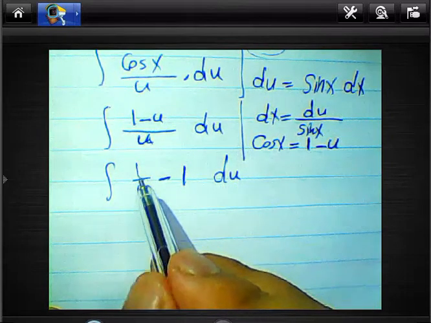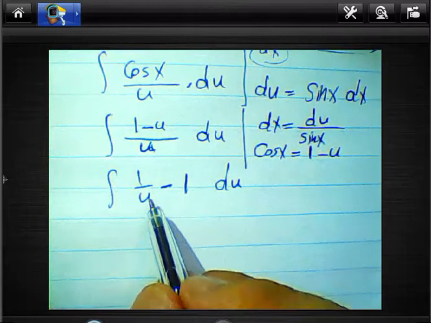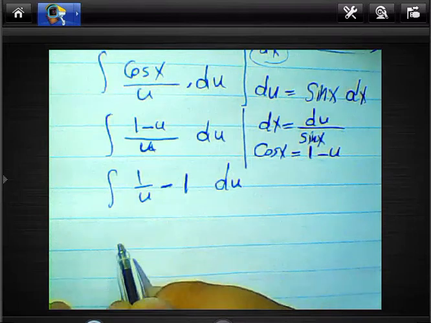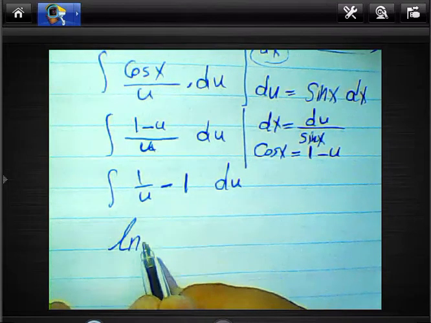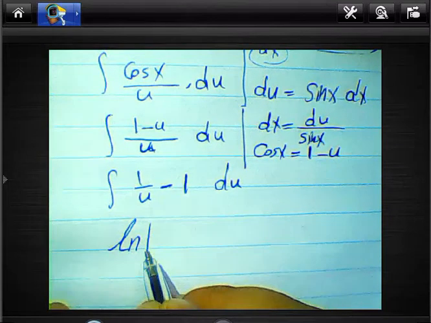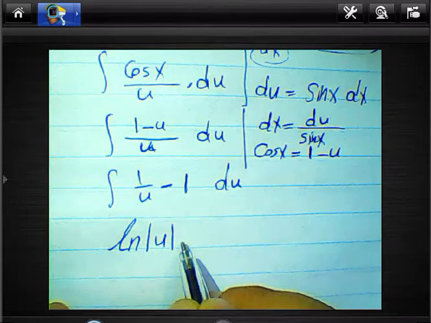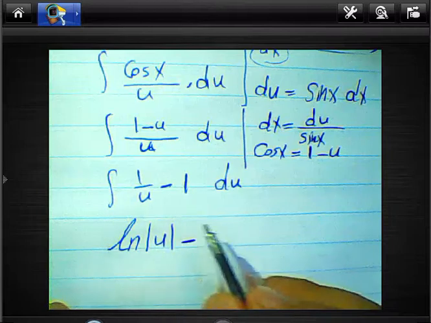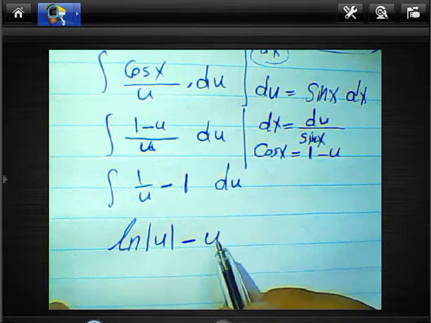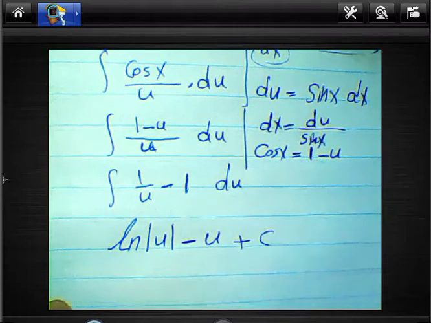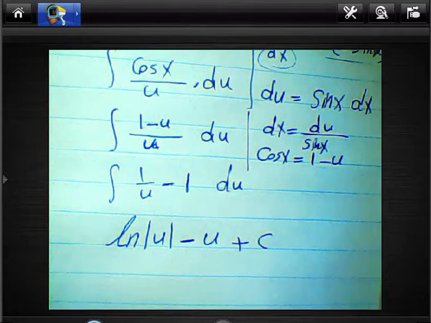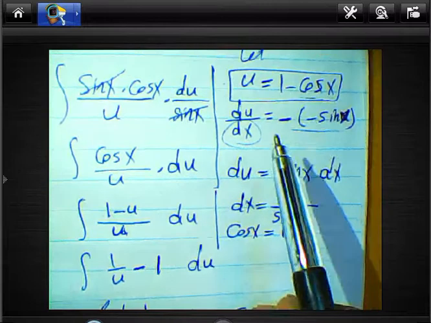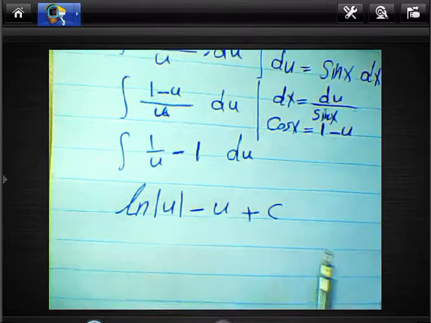We know the numerator is the derivative of the denominator, so this function will be ln of the absolute value of the denominator. Subtract the integral of 1, which will be u, plus the constant. And then we write u equals 1 subtract cosine x.